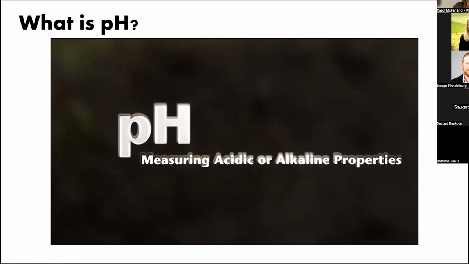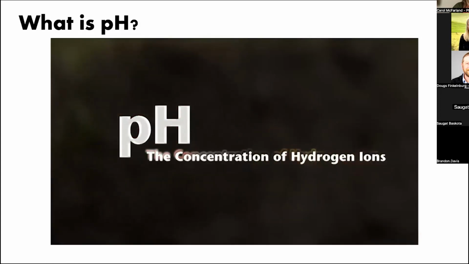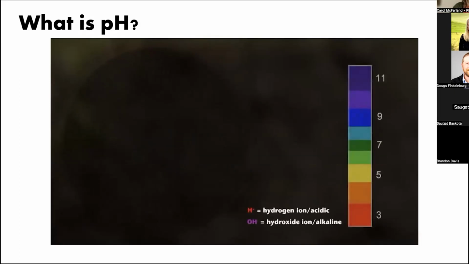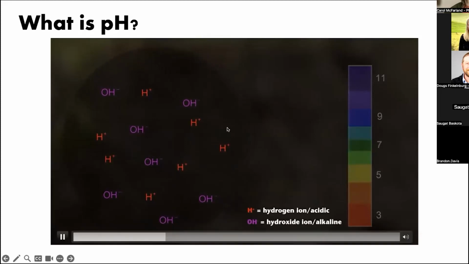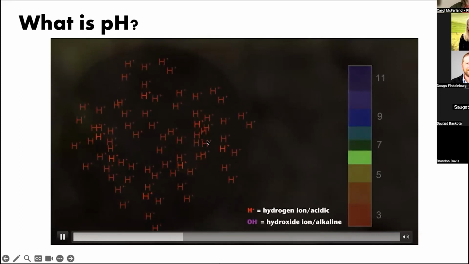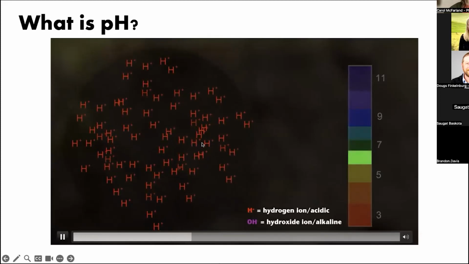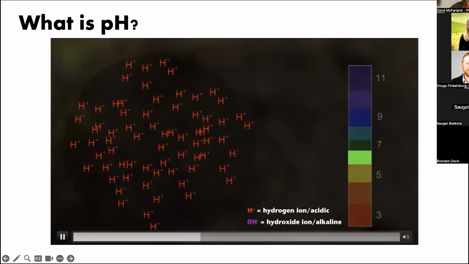pH measures acid or alkaline properties in a solution by determining the concentration of hydrogen ions. pH is described using a negative logarithmic scale. Neutral pH is 7. This is where the number of hydrogen ions and hydroxide ions are equal in solution. As each unit of pH goes down, the concentration of hydrogen ions in solution increases tenfold, making it more acidic.